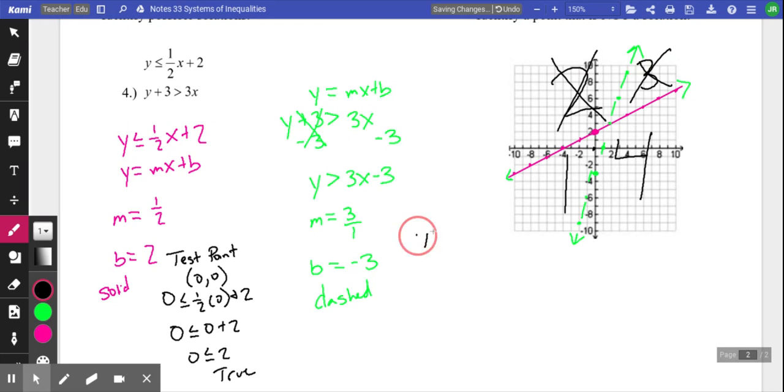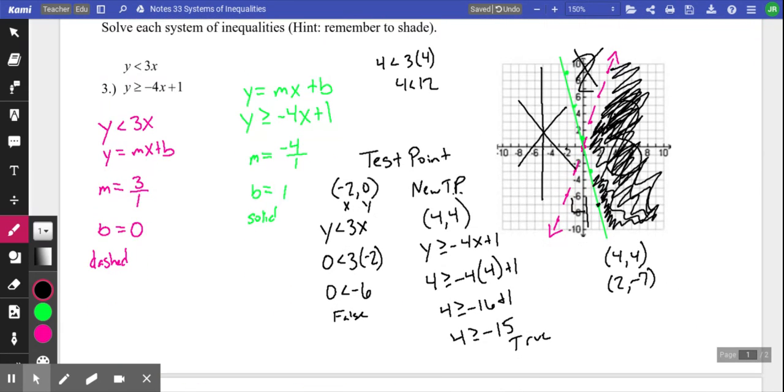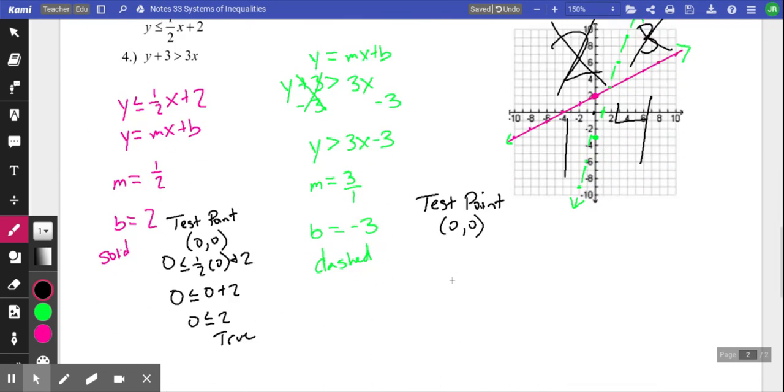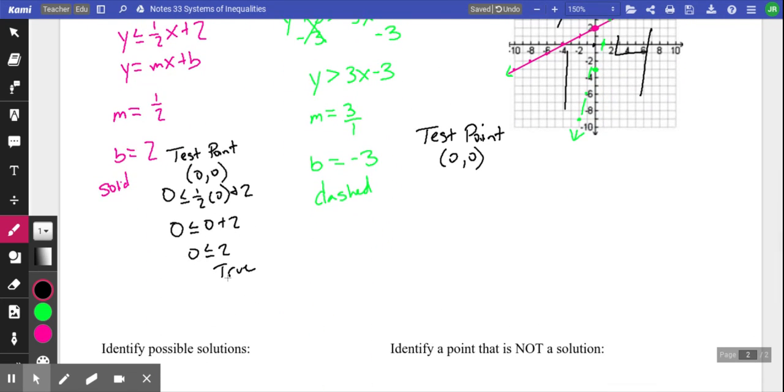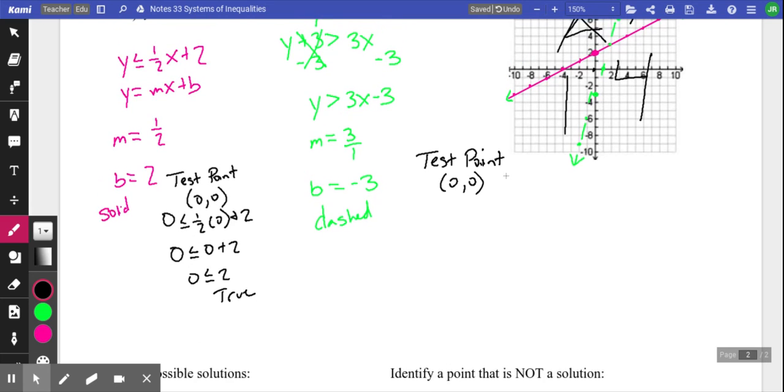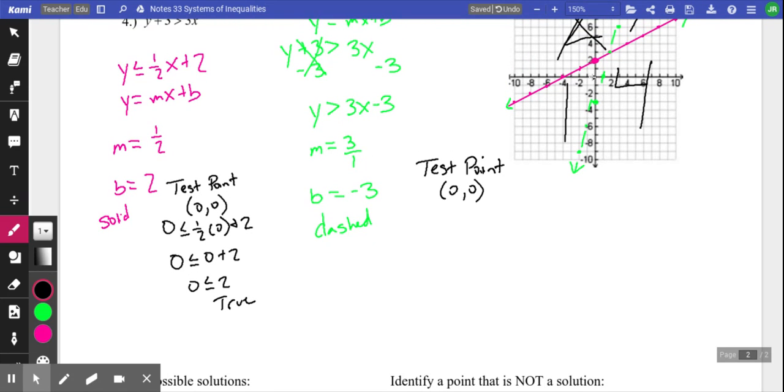So now I'm going to use the same test point in the second inequality. The reason why I'm using the same test point is because it was true. Up here, where I had my first one, which was false, I had to change test points. But on this one, where my first test point came out to be true, it means that this still could be where my solutions lie.